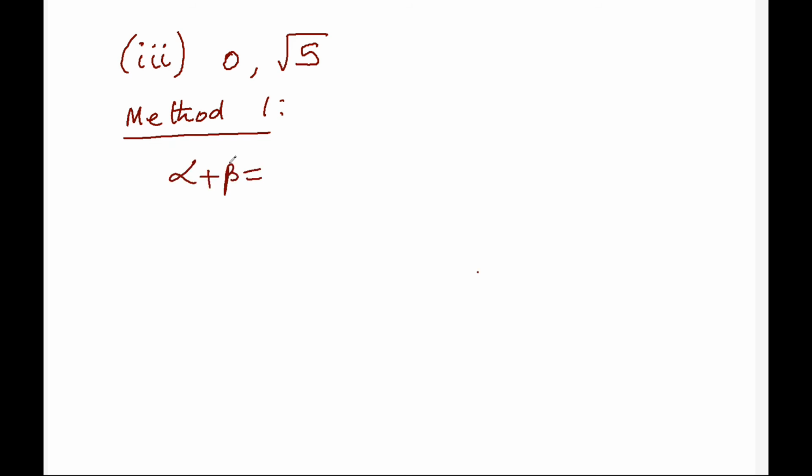Alpha plus beta, the sum of the roots, is equal to negative b by a, that is given as 0 in the question. So we will keep it the same. We will see what the product is and come back to this. Alpha beta is c by a, that is given as root 5 in the question. Root 5 can also be written as root 5 divided by 1.